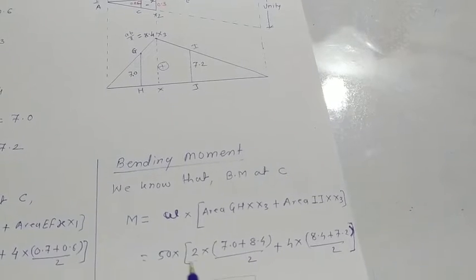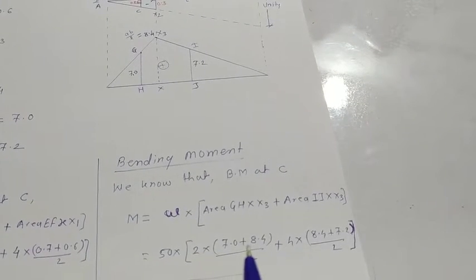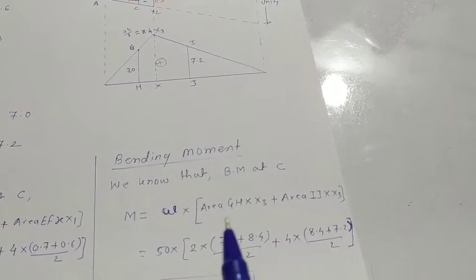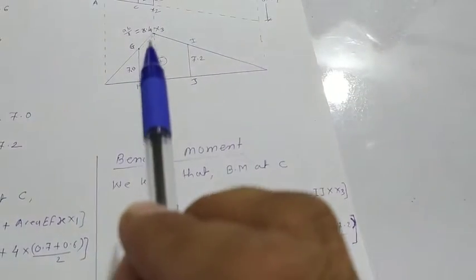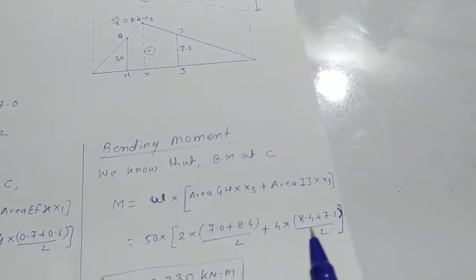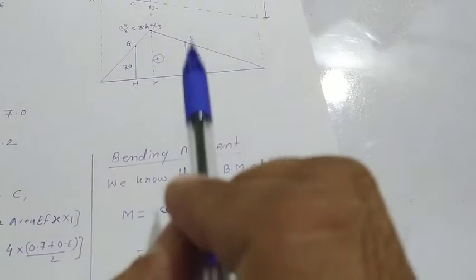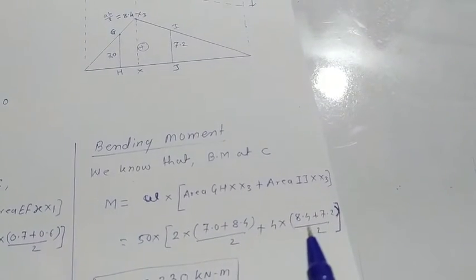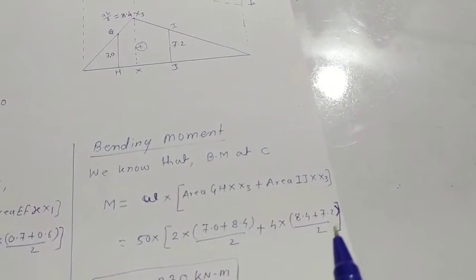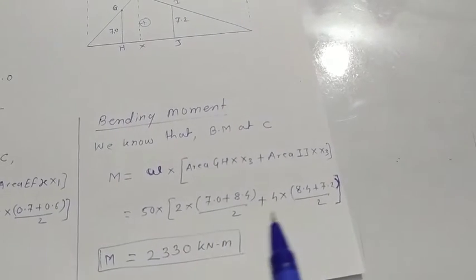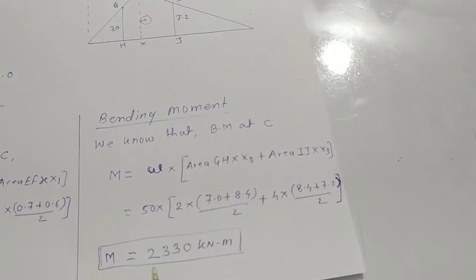So 50 into 2 into 7 plus 8.4 by 2, the average height of this portion, plus 4 into 8.4 plus 7.2 by 2, the average height of the other portion. If you calculate this, you will get a bending moment of 2330 kilonewton meter.